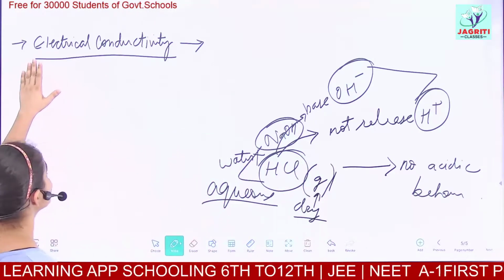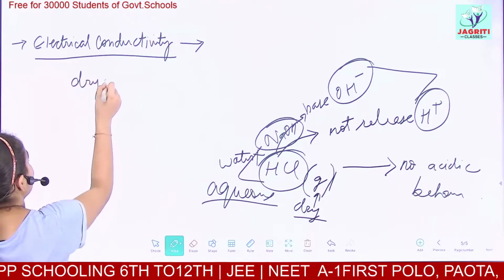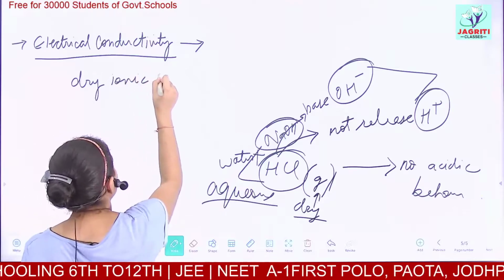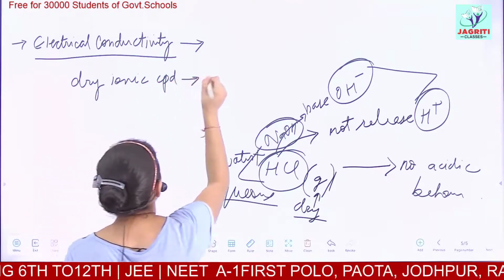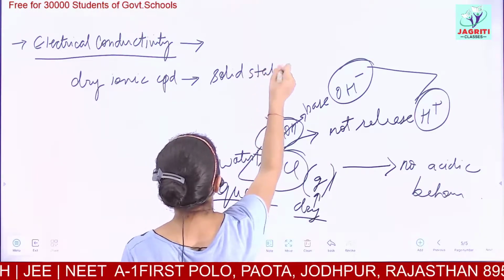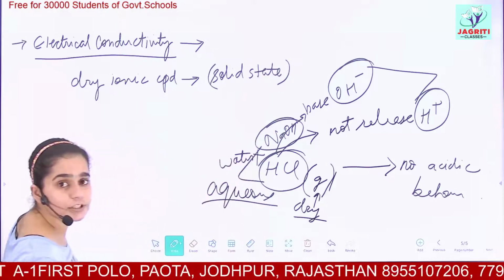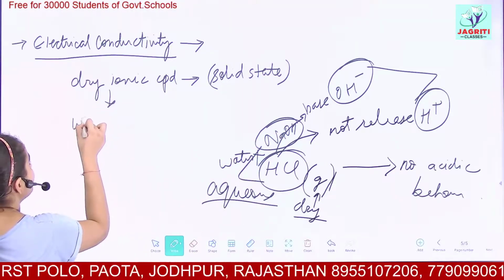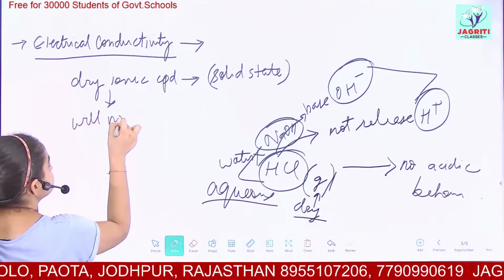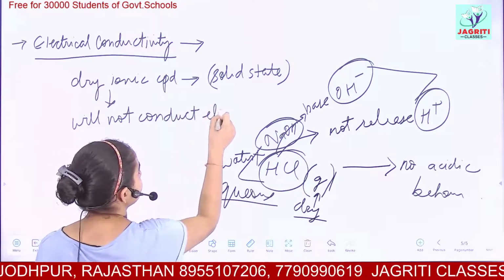Similar is the case with ionic compounds. If you take a dry ionic compound, that is, an ionic compound in solid state, it will not conduct electricity.